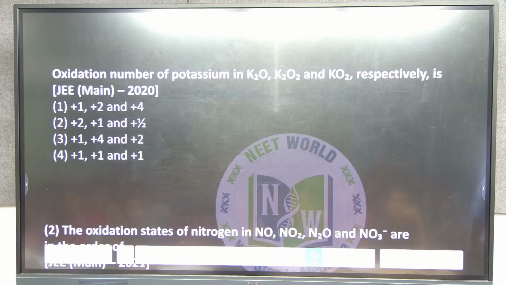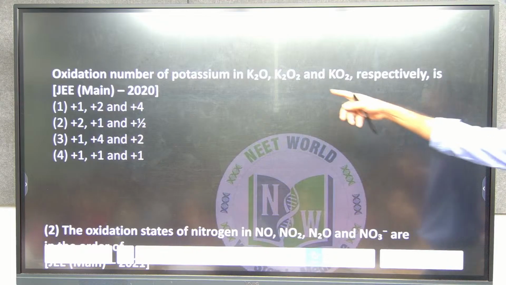Oxidation number of potassium. See, whenever alkali metals combine with other species, always alkali metals will be, what is the answer then? You are always eager to calculate for the oxygen atoms, I think.